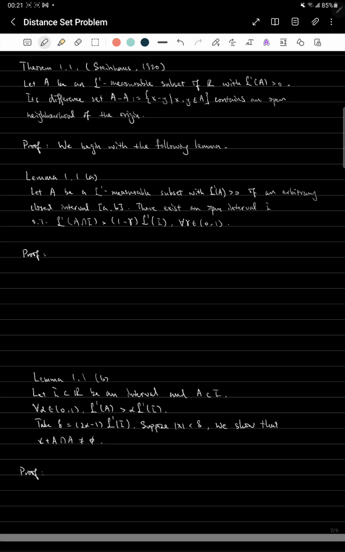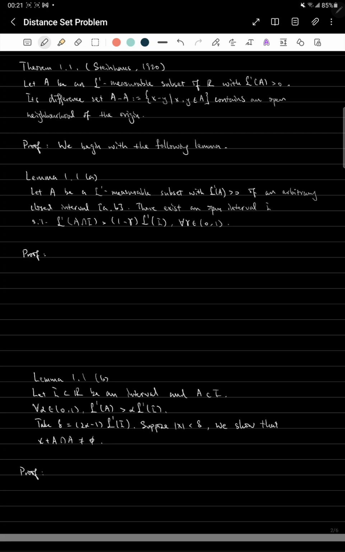So our proof begins with the following lemma. The lemma is pretty much similar. It imposes some condition on the Lebesgue measure of some subsets. So the lemma is like this.